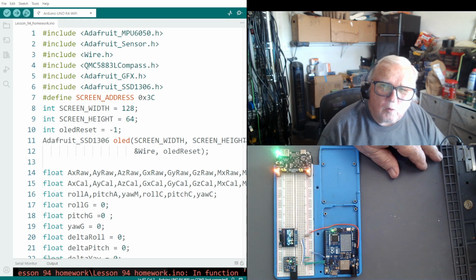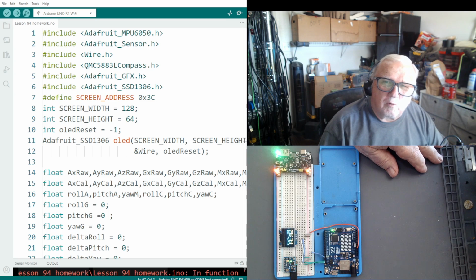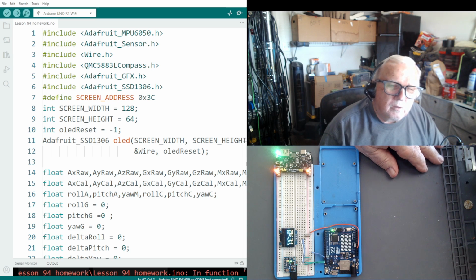This is the homework for lesson number 94 in the series that Paul is doing on the Arduino Uno R4 Wi-Fi.